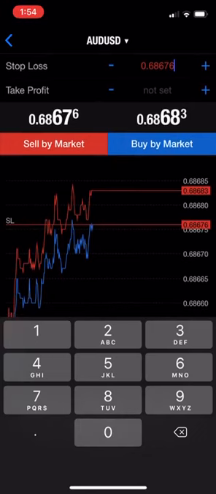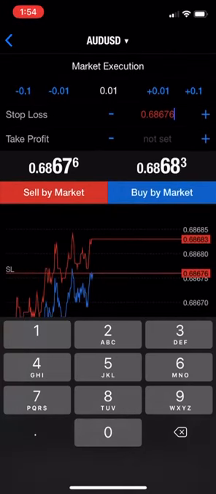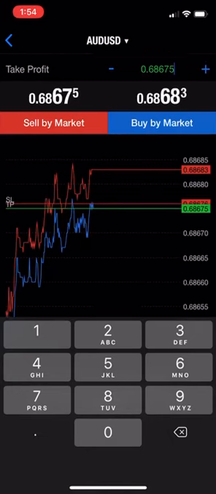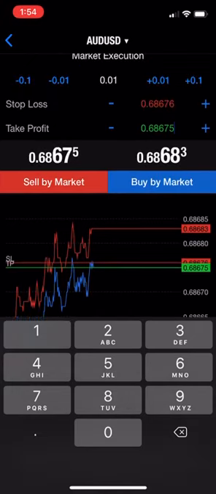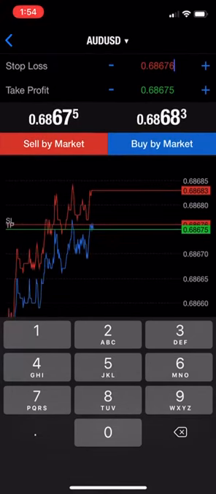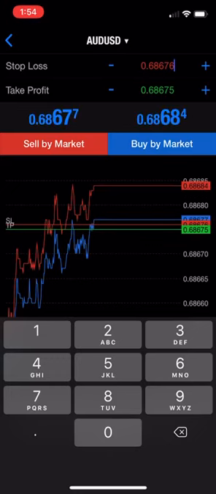On every trade, you're most likely going to be setting a stop loss and a take profit. The stop loss is basically if the market goes against you and it hits your stop loss, it'll take you out of the market so that you don't blow your account.